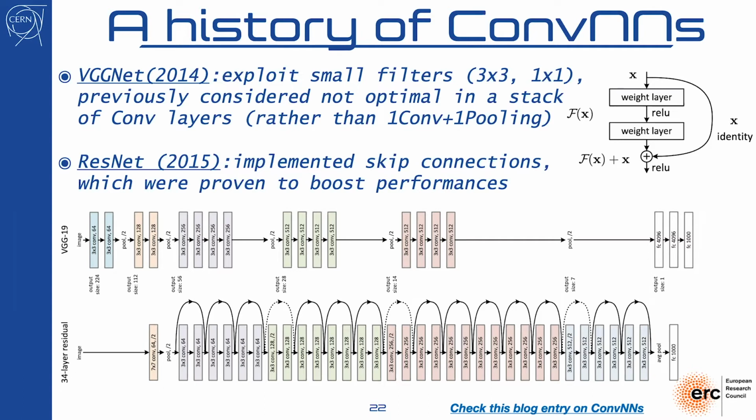And then ResNet was the one that introduced the skip connection, which is the thing that you see in the top right. So the fact that you take some input, you process it with your layers, and then the outcome of this processing is added back to the input. So you're not learning f of x, but you're learning f of x plus x. And this is again something that boosted performance.